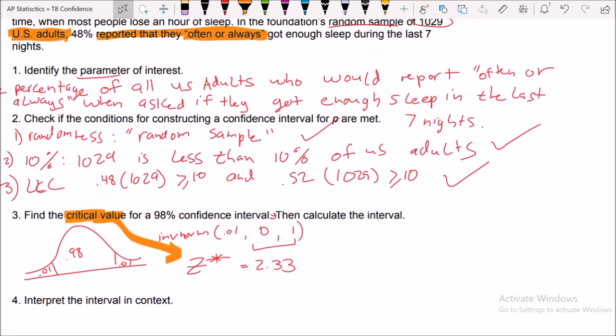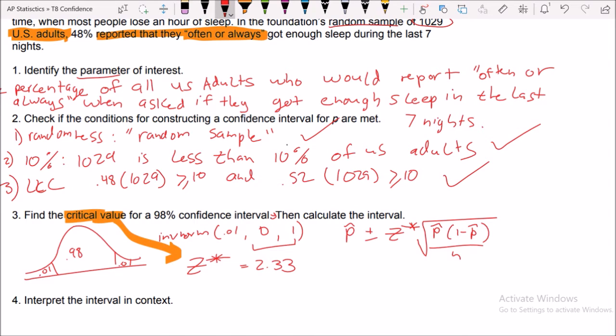Okay, we had that formula from up above, and that formula was p hat plus or minus z star times the square root of p hat times 1 minus p hat over n. And so all we're going to do right here is start plugging in those values.